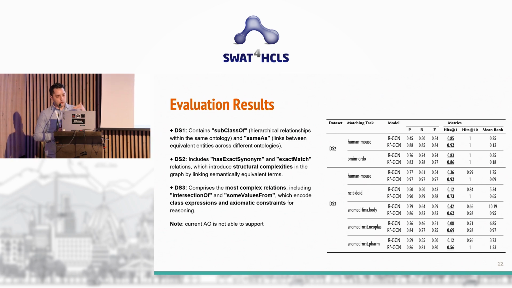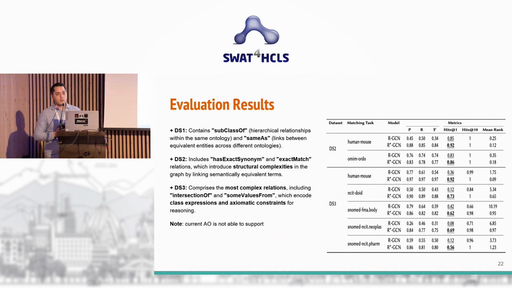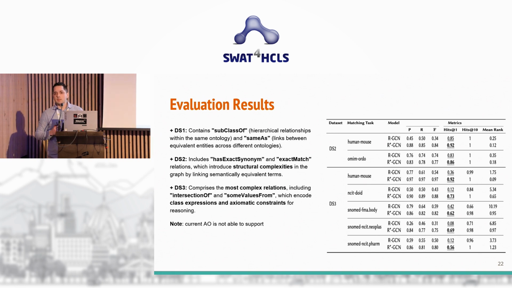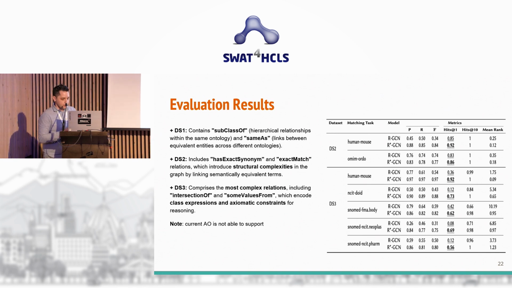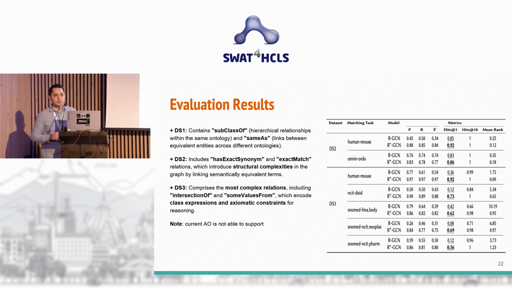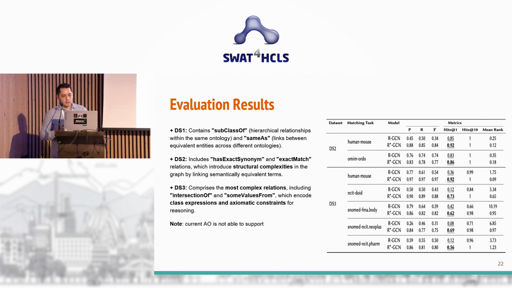For R-GCN the performance falls across the board, and then including the metapath rules gains back that performance. There's no AO, the baseline, here because, as was presented in the paper, there was no straightforward way to support these levels of complexity with more relation types.